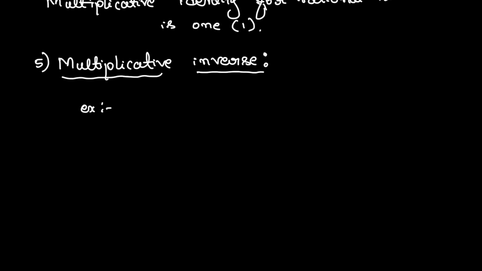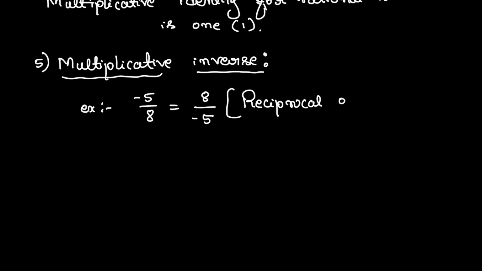For example, I'll take minus 5 by 8. The reciprocal of the rational number: reciprocal means you will make it 8 by minus 5. Okay, we are not changing any sign. The reciprocal of a rational number is multiplicative inverse.